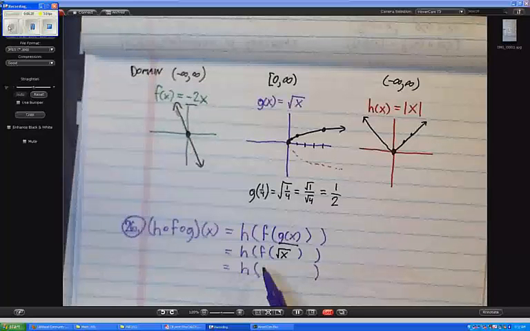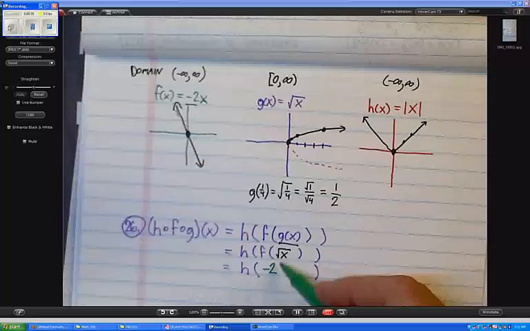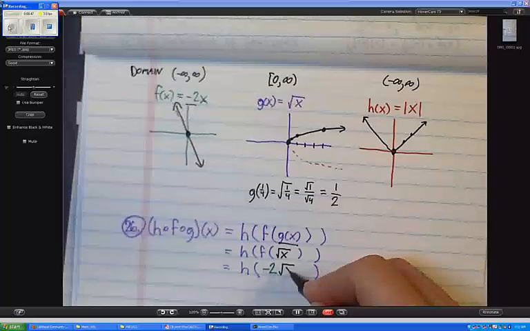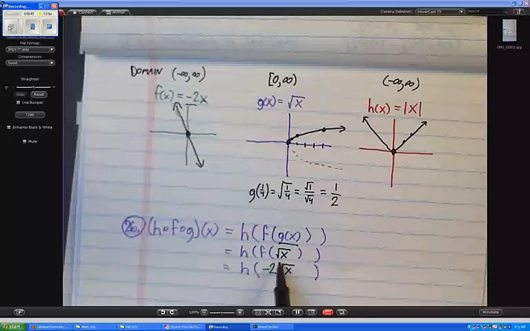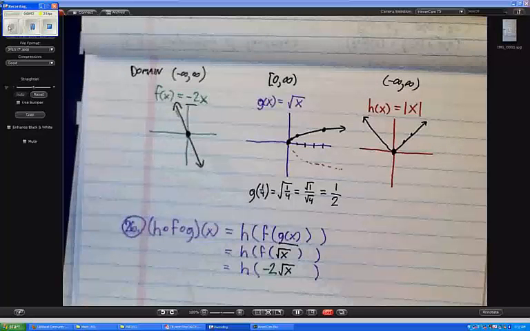Now remember, we know that f of x is negative 2x. So what do you guys think I'm going to write? Negative 2 square root of x. That's right, because we are inputting square root of x, not just inputting x like we did up there. Does this make sense to people? Okay? And so now my final step.